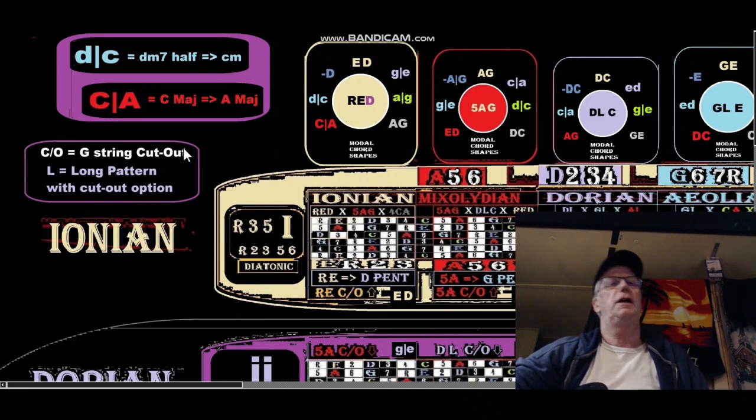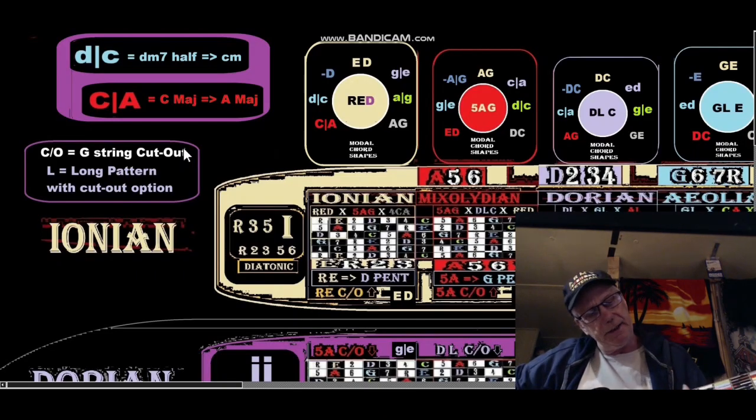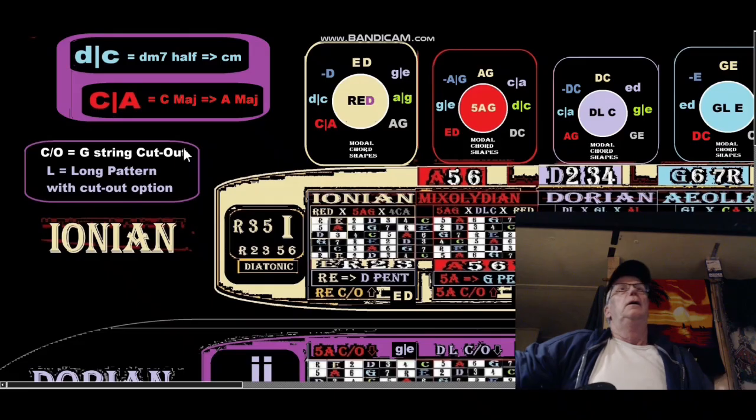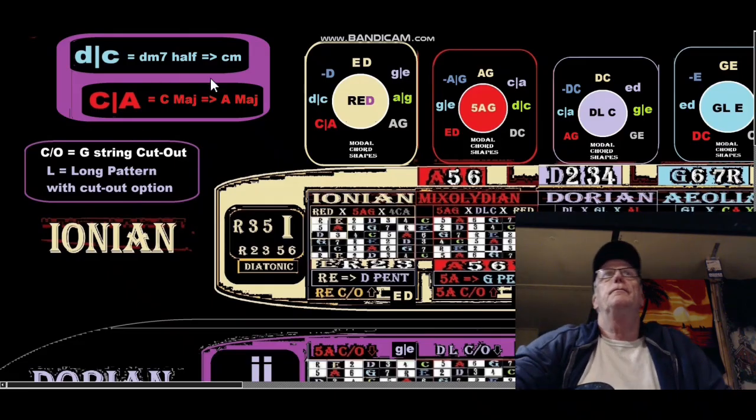It means we're going to cut out of a G string shape, a 6/7 root string shape from the G string. So there's 6/7 root there. We would cut out of that and go 6/7 root, like that.